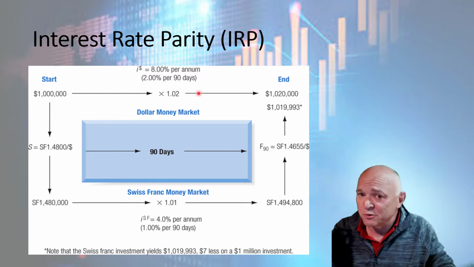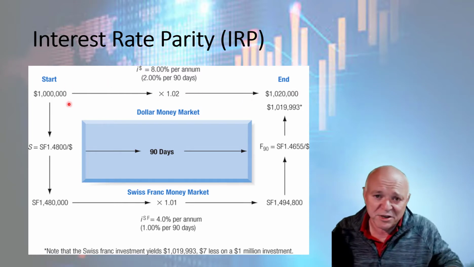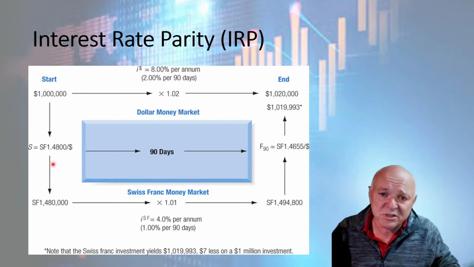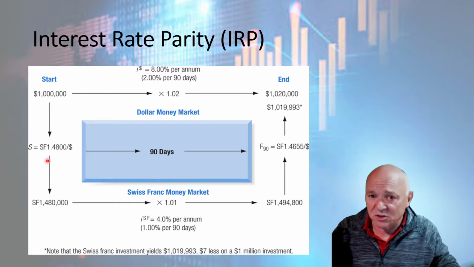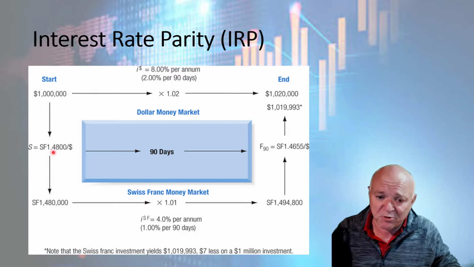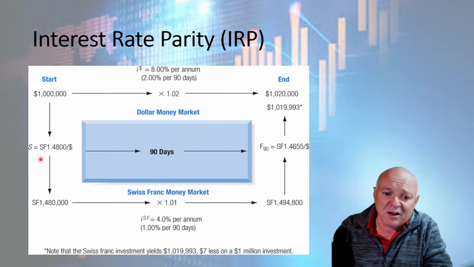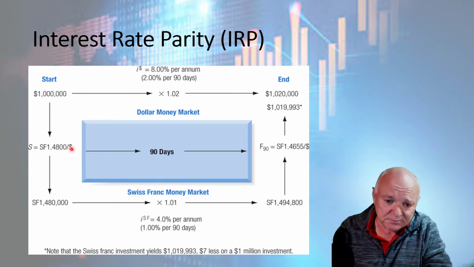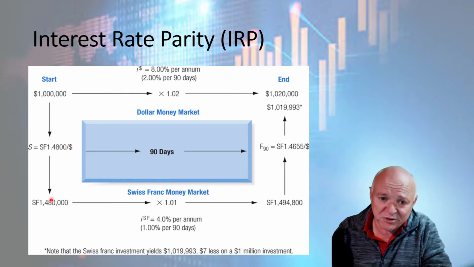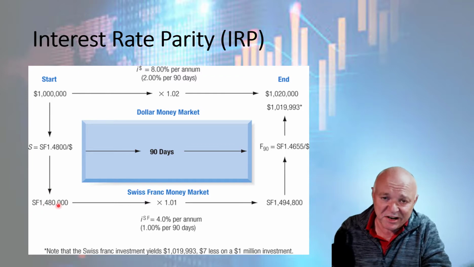Now the alternative would be to put your money into Swiss francs, and the way you would do that is you would buy the Swiss franc today. The current price for the Swiss franc, the spot rate, is 1.48 Swiss francs to $1 US. And so that means your $1 million investment would buy you 1,480,000 Swiss francs.